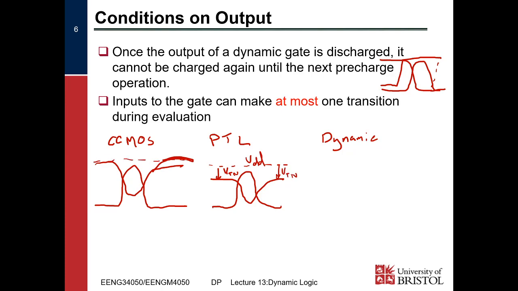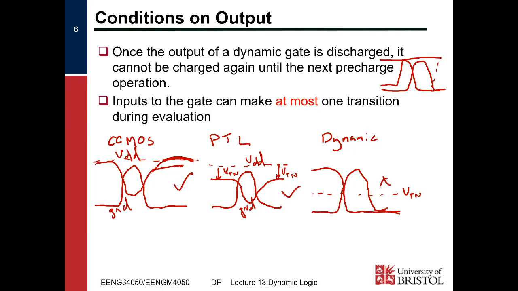Here we're always at VDD, right? And then ground. With our dynamic logic, our input glitches, as long as it glitches above VTN, our output will go low and then it will stay there. It won't recover, and hence that one works, this one has failed, right? So we need to be very, very careful never to glitch.